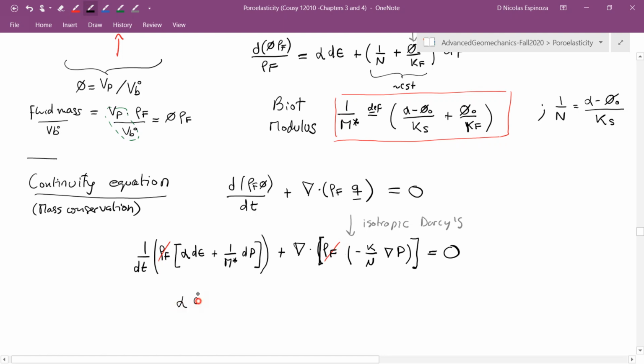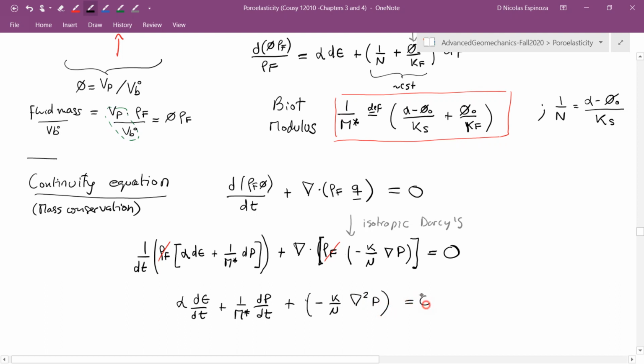The first term is just going to be this one. The second one is going to be the variation of pressure as a function of time. And this gradient, if I assume that permeability is the same everywhere, that will assume homogeneity of the porous solid, I can take this k and mu outside, also assuming that the viscosity is a constant, and this is going to be equal to k over mu, the Laplacian of the pressure.